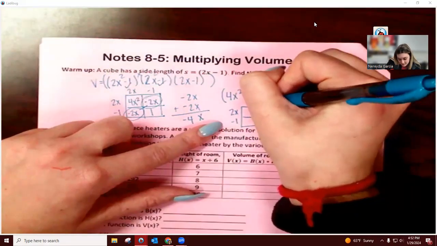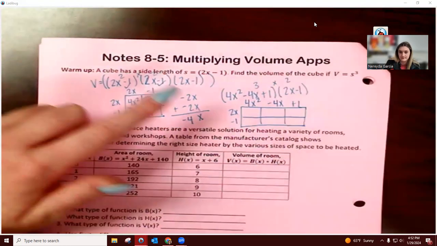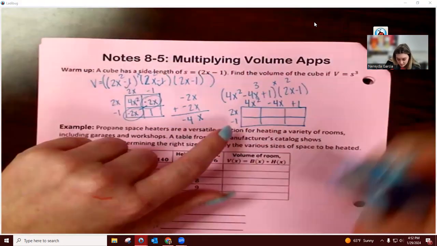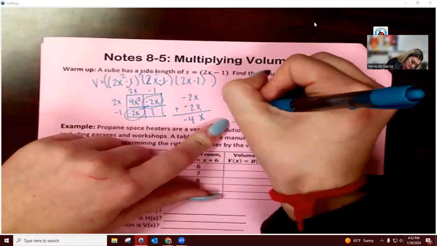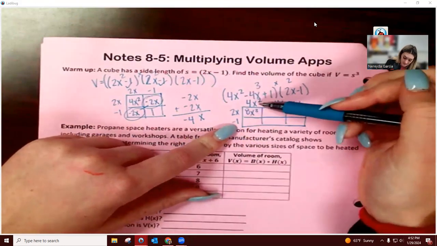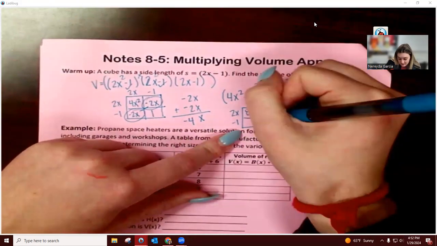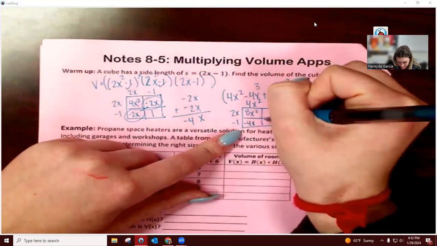The 3 terms have to go up in the 3 windows. Okay, I'm gonna do 4x squared times 2x. I get 8x cubed. 4x squared times negative 1 is negative 4x squared.